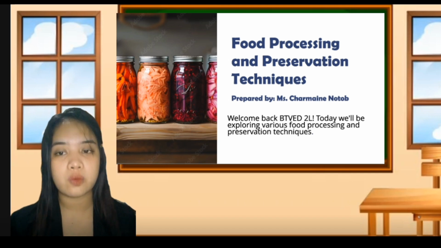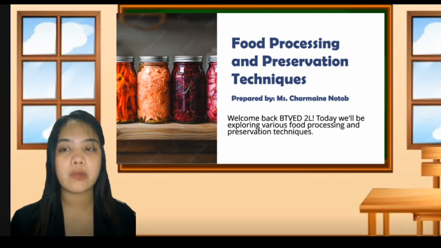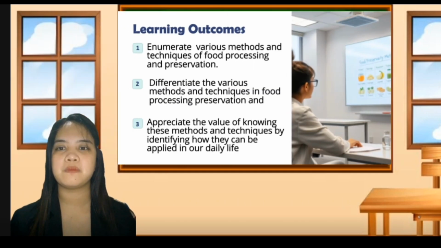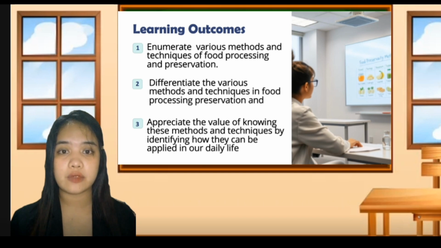Welcome to Activity 2L. Today we'll be exploring the various food processing and preservation techniques. I am your student teacher, Charming Utub from Activity 3J FSM-A. On the slide, you see the specific objectives we aim to achieve by the end of our lesson. Mika, can you please read the first objective for us?